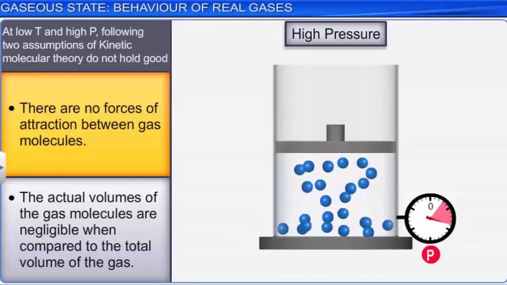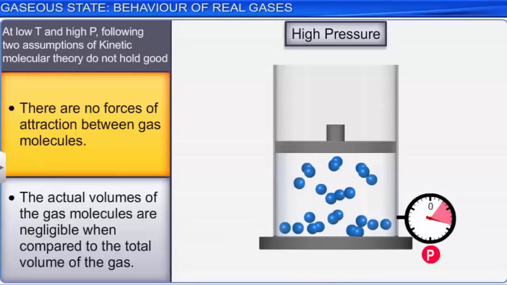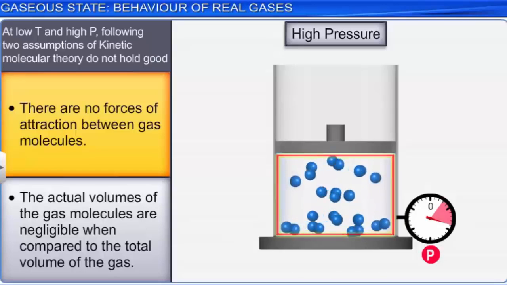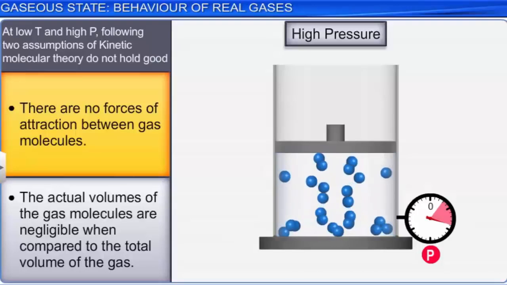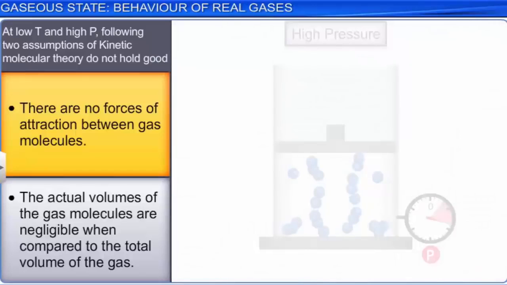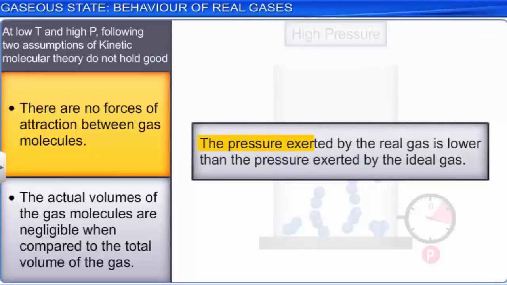These molecules then do not exert full impact on the walls of the container as they are dragged back by the attractive force of other gas molecules. Hence, the molecules strike the walls of the container with reduced velocity. Thus, we can say that the pressure exerted by the real gas is lower than the pressure exerted by the ideal gas.